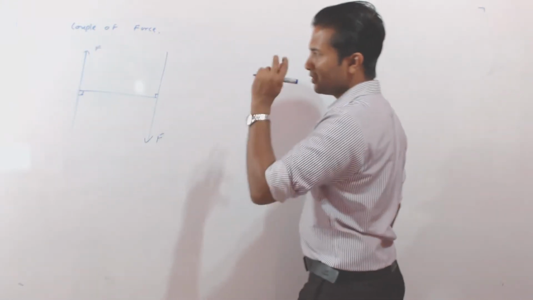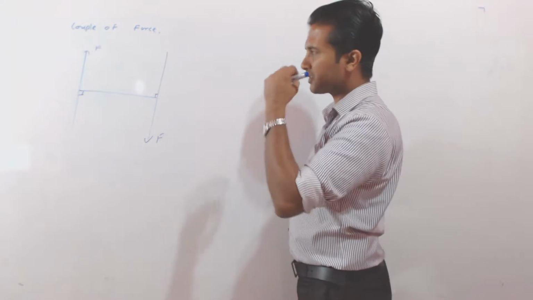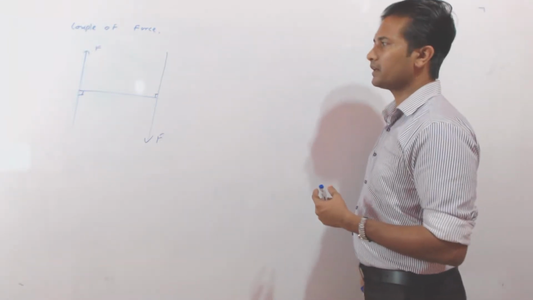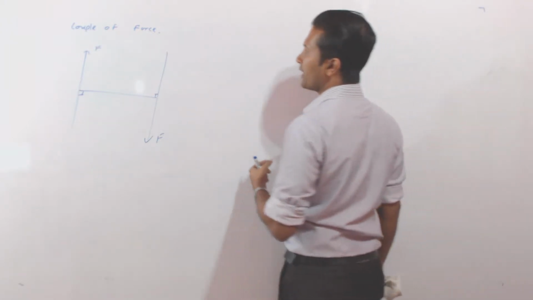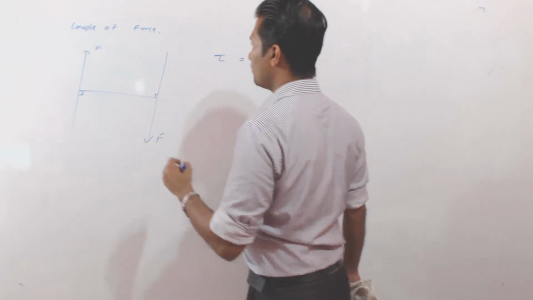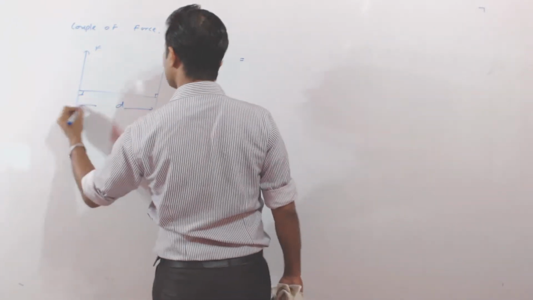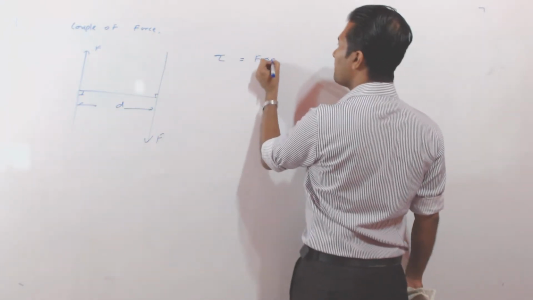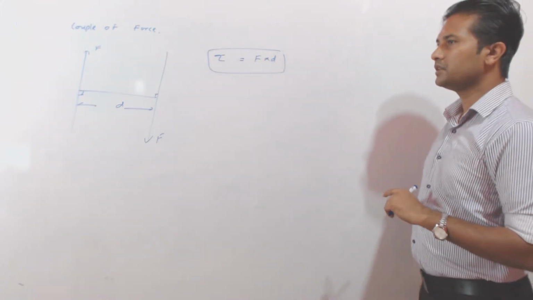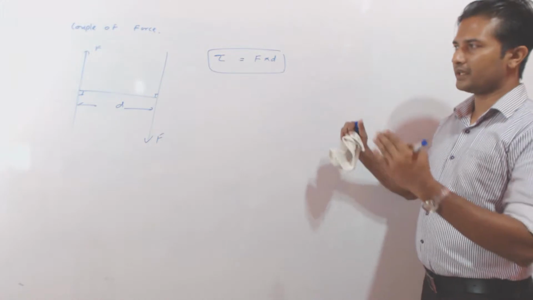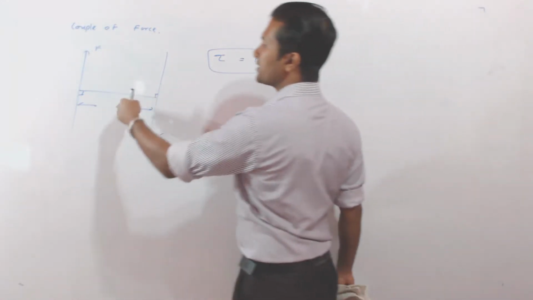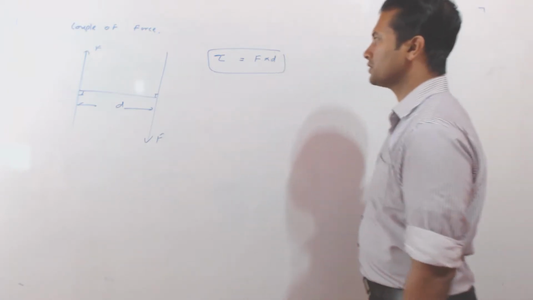What happens here? No resultant, which means the resultant is 0, but there is a moment. That moment is called torque. So that can be found using F into D, which means the magnitude of one force multiplied by the perpendicular distance in between the two forces.